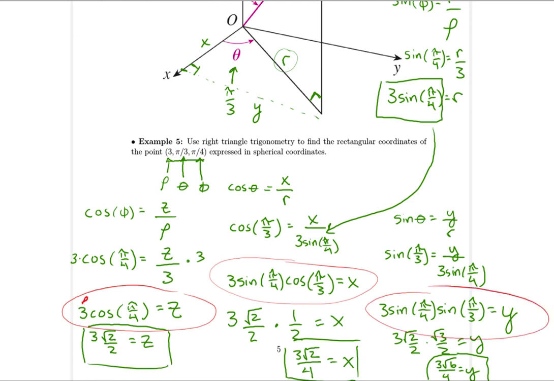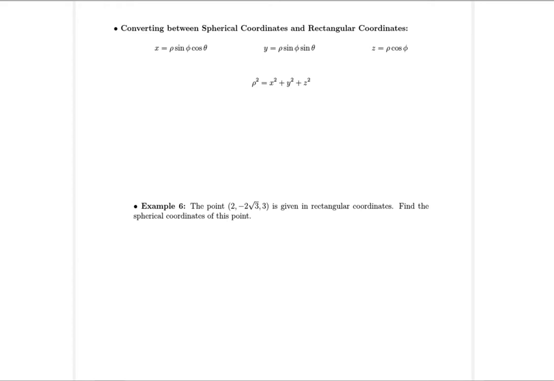In all of them, rho, which is 3, came first. Then we had the cosine of pi over 4, the sine of pi over 4, the sine of pi over 4. That's your phi. And then in these two, in this one I took cosine of theta, and in this one I took sine of theta. So that leads us to the next page, which gives us the general formula for spherical coordinates.